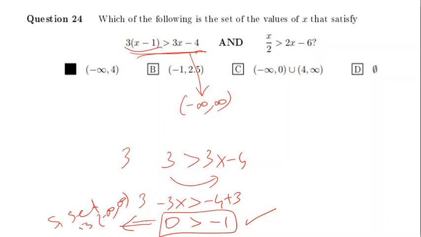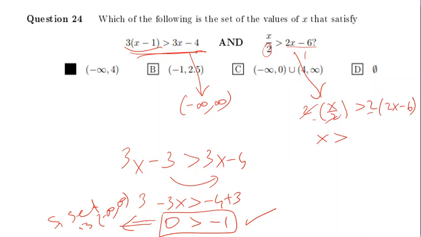Okay, now let's look at this one here. So here there's 2 and there's 1. Since we have 2, we can get rid of the denominator. There's no x in the denominator, so we multiply both sides with 2. And 2 is positive, so no problem with the direction of the inequality.